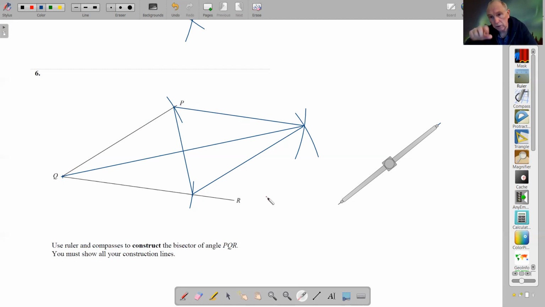Draw our arcs, and then we can see the areas that satisfy the criteria. But we're not looking at that kind of question just now. This is really just to get the idea of using the compasses, and also the idea of the rhombus, which comes into quite a lot of these problems.